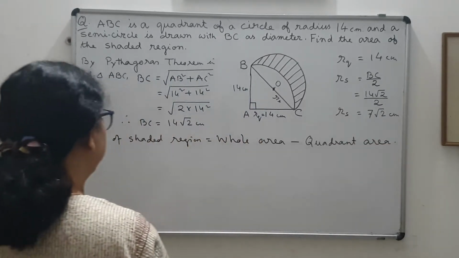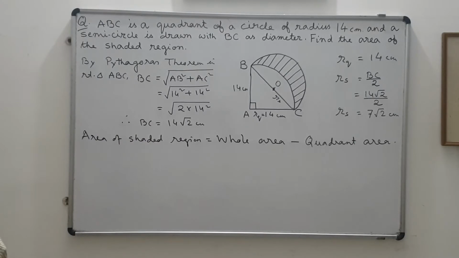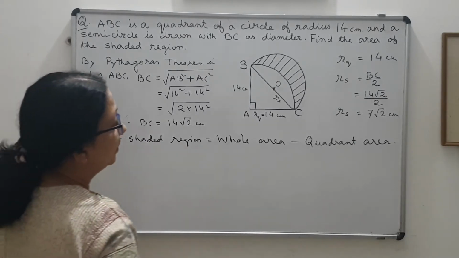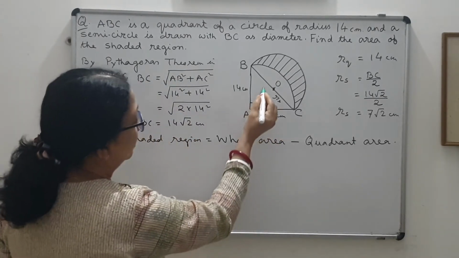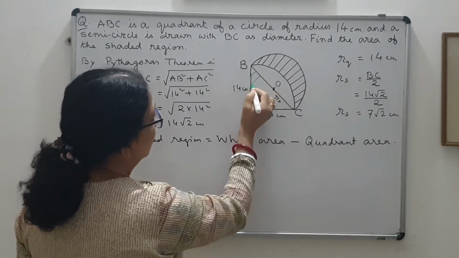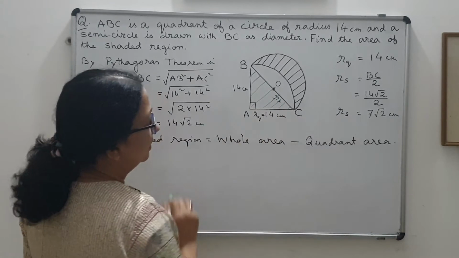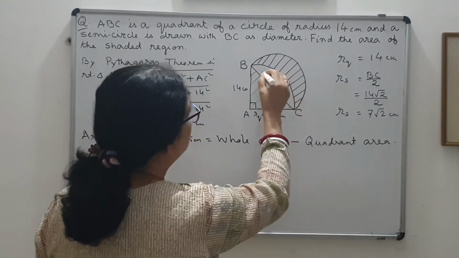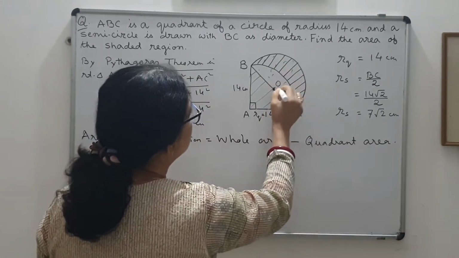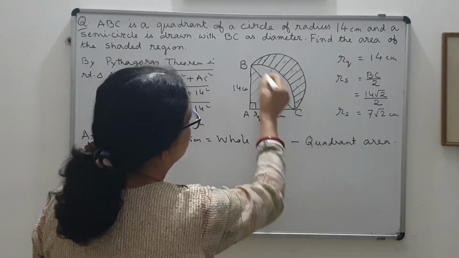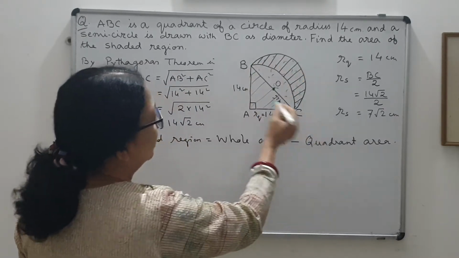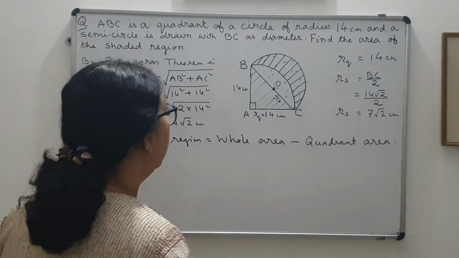This we have observed. Now again you see what the whole area is. This whole area can be written in this way. So this is your triangular part, the triangular part plus this semicircular part. Triangle area plus semicircle area will be the whole area.